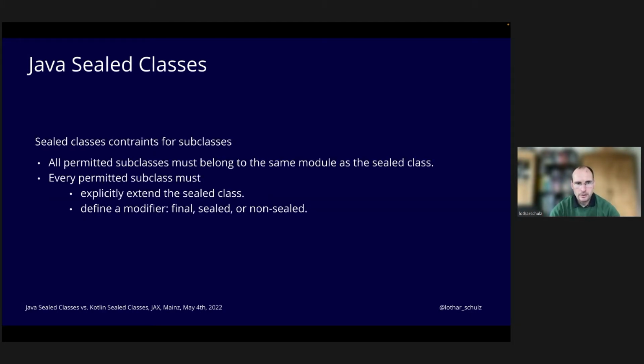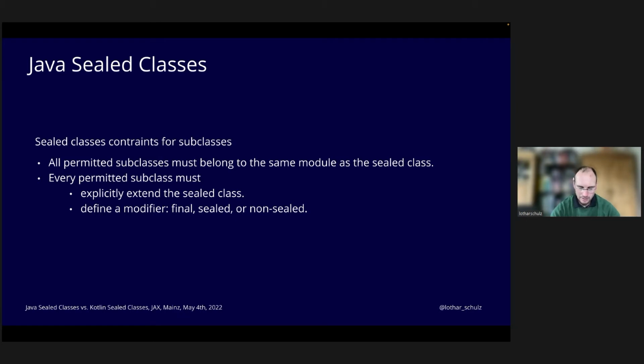In Java, you need to be aware of the constraints for subclasses that come with the usage of sealed classes. First of all, they all have to be in the same module as the sealed class. Second, as you saw before, the extends keyword has to be explicitly used.